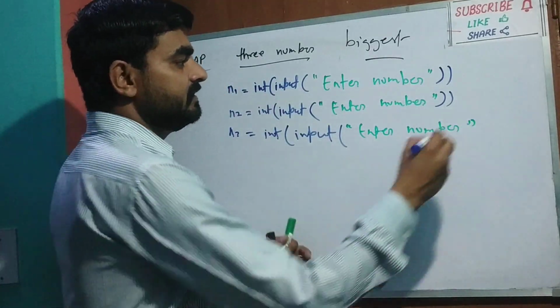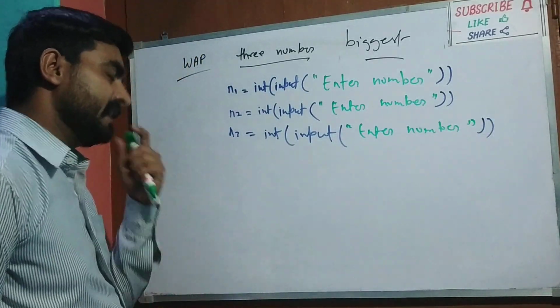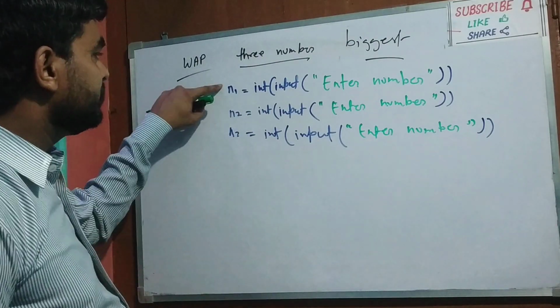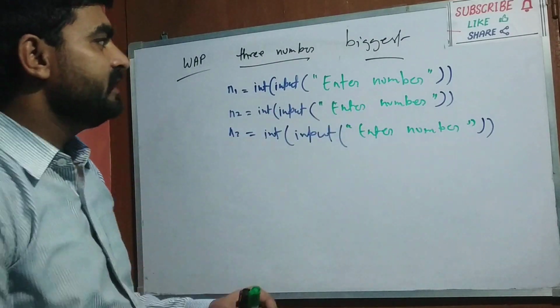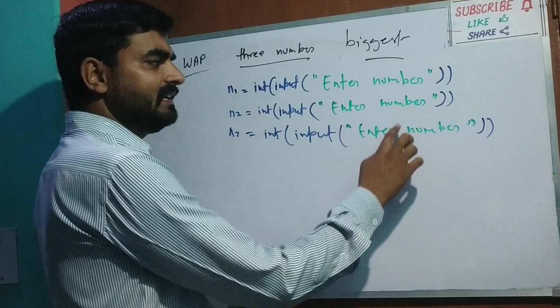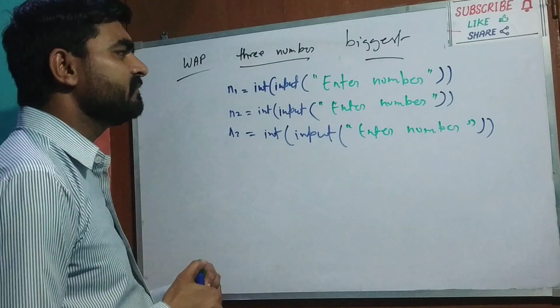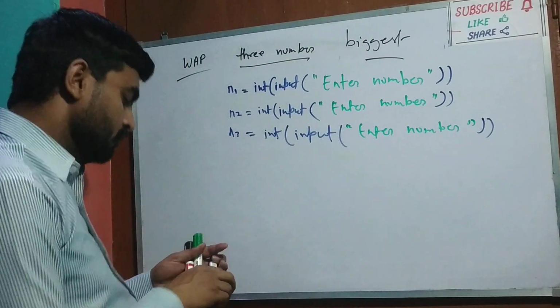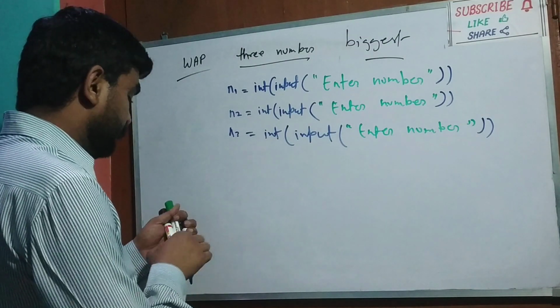Student, with the help of these 3 lines you will be able to get 3 inputs with this message, and you can change the message to enter first number, enter second number, enter third number, whatever message you want. Okay student, now check your first condition.